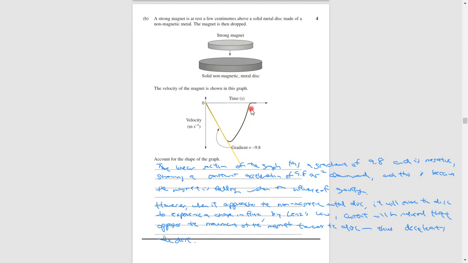This results in the upward non-linear section of the graph. Then finally, once on the disk, the magnet is at rest, and hence the graph is horizontal.